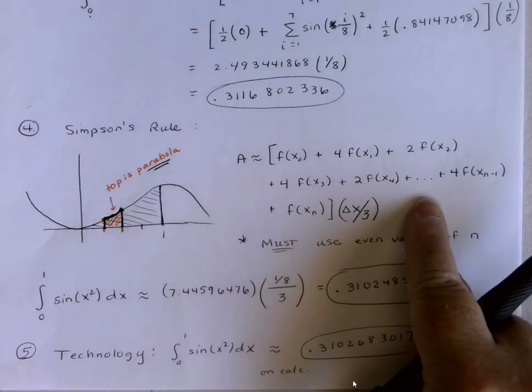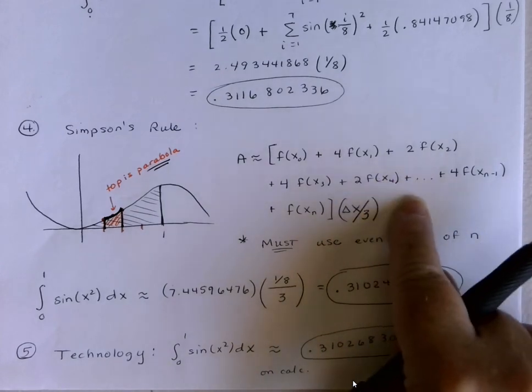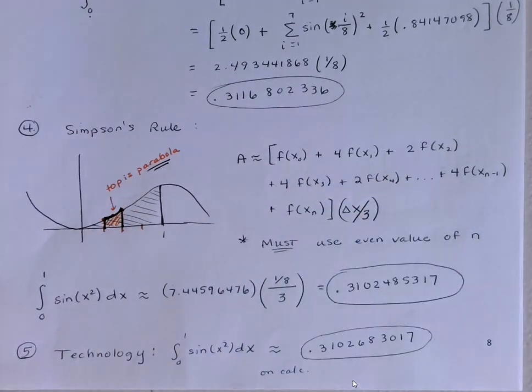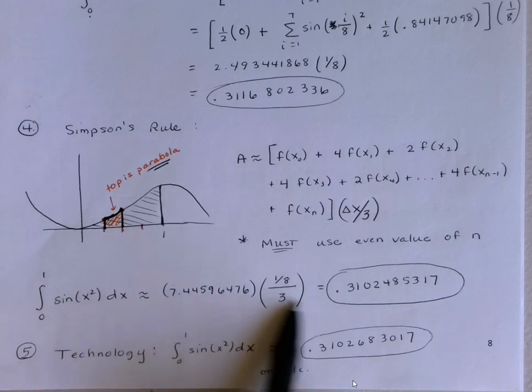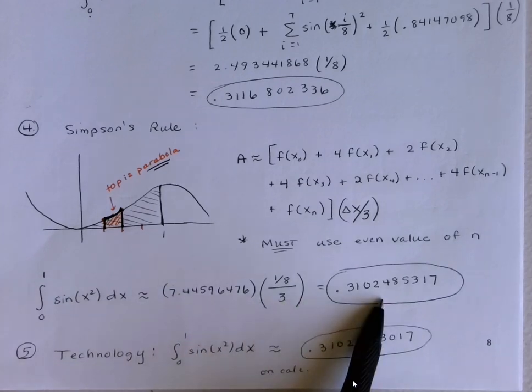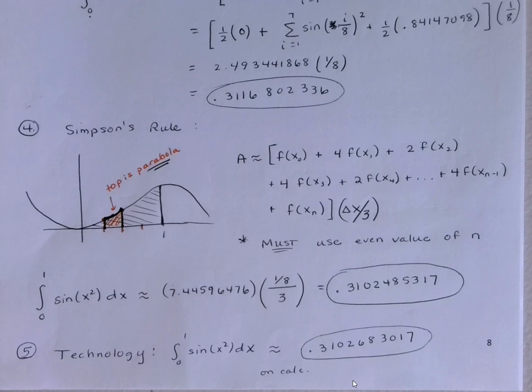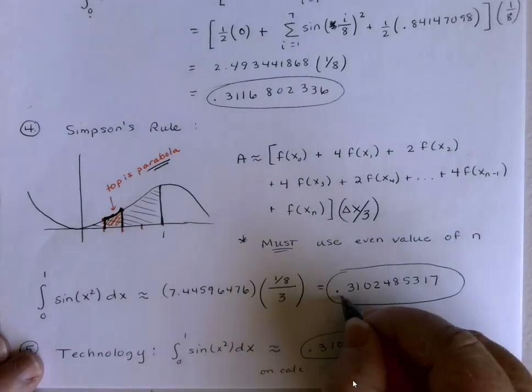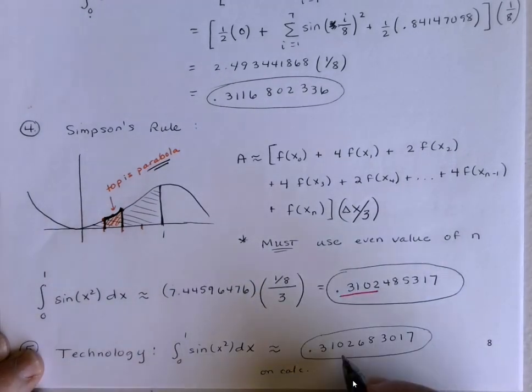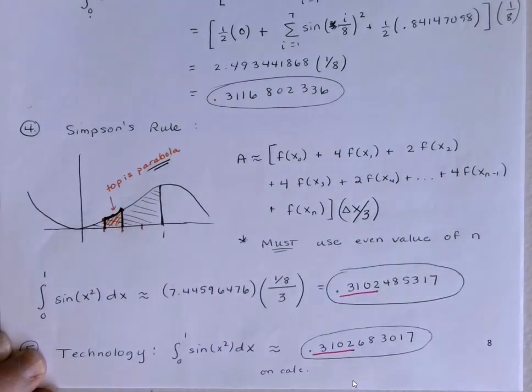Here's the rather ugly form for calculating the value by Simpson's rule. Again, I'm not going to ask you to reproduce this. I'm simply going to tell you that when I did this for this problem, this is what happened. I got an estimate of 0.310248, etc. And notice what we've got here. 0.3102, 0.3102.